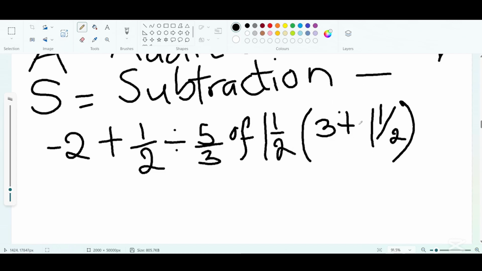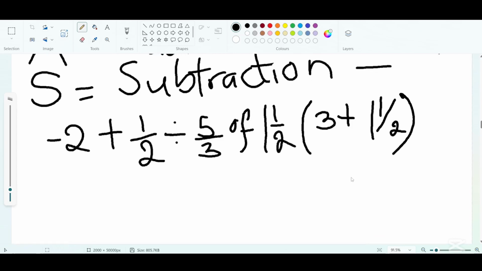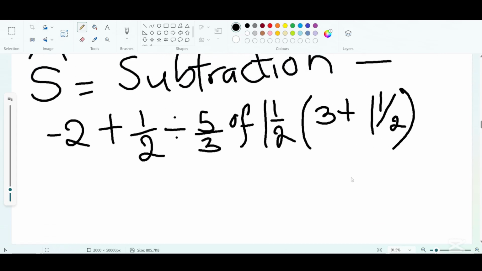But before we do that, we need to first reduce this to a single fraction or a single number. So the first thing is, let's take all the mixed fractions and convert them to improper fractions, which does not affect anything.